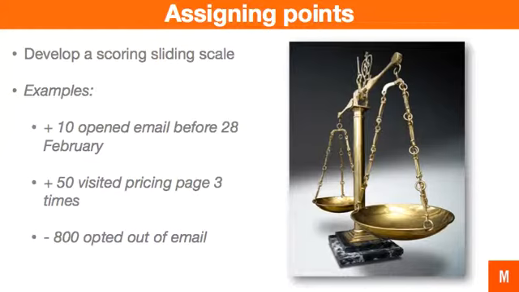For example, if they opened an email, you may add 10 to the score, but if they visited your pricing page, you may add 50. On the other side, if they opted out of all email, you may want to minus 800 from their score. So it's really important to work out the intensity of each behavior that you have identified that makes a lead qualified and unqualified.